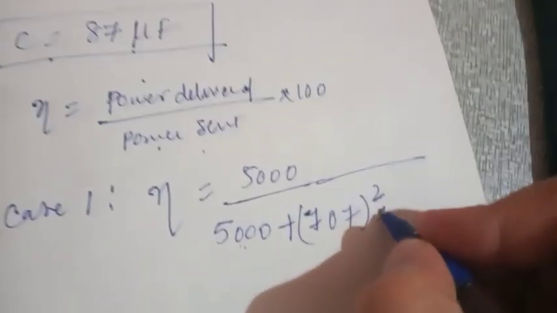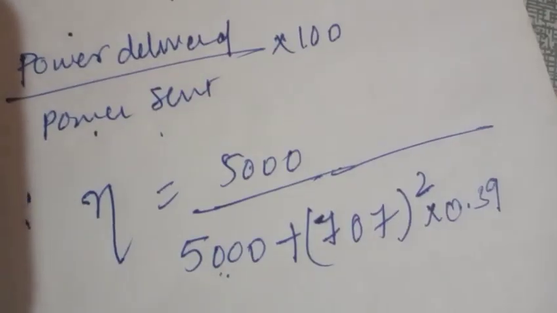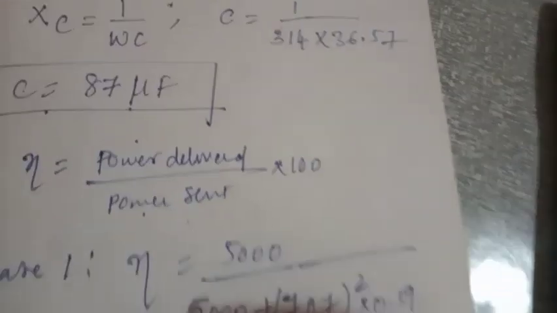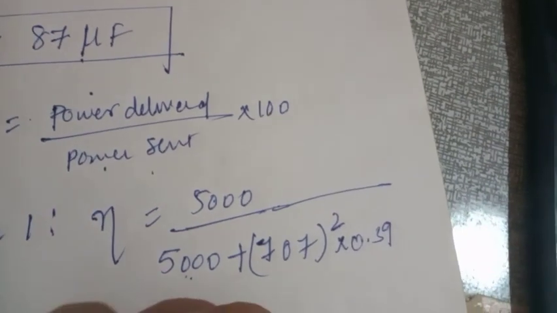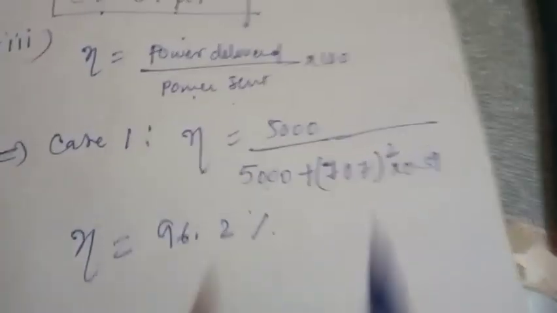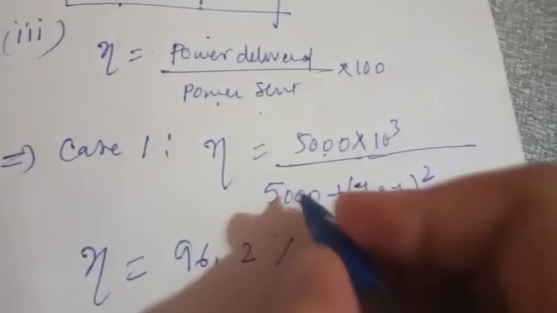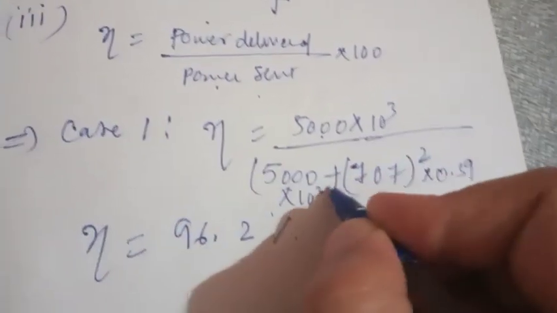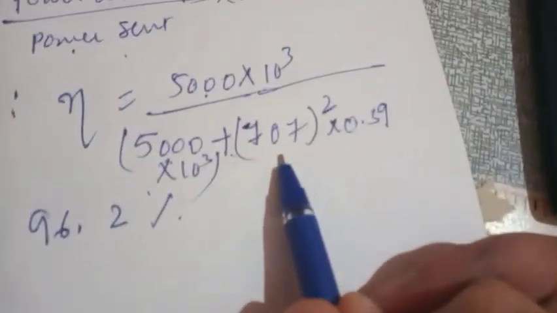What is the resistance of it? 0.39. So eta comes around 96.2%. That is 5000 into 10 to the power of 3 divided by 5000 into 10 to the power of 3 plus 707 whole squared into 0.39, giving 96.2%.